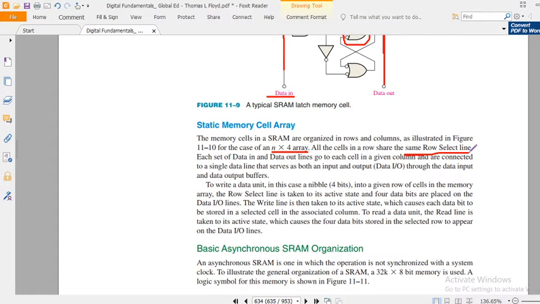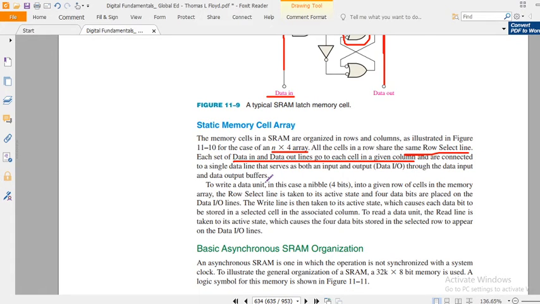Whatever we want to perform, read or write, we have to perform in that particularly selected row. Each set of data in, data out lines goes to each cell in a given column and is connected to a single data line that serves as both input and output through the data input and data output buffers.